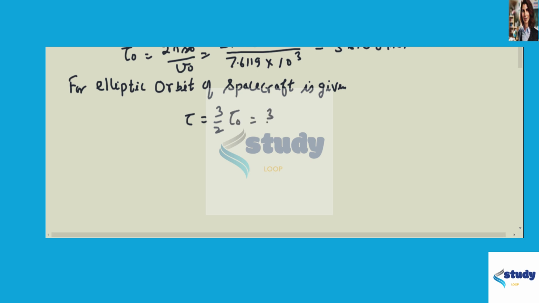So the time period of the elliptical orbit of the spacecraft is 8.5062 into 10 to the power 3 seconds.